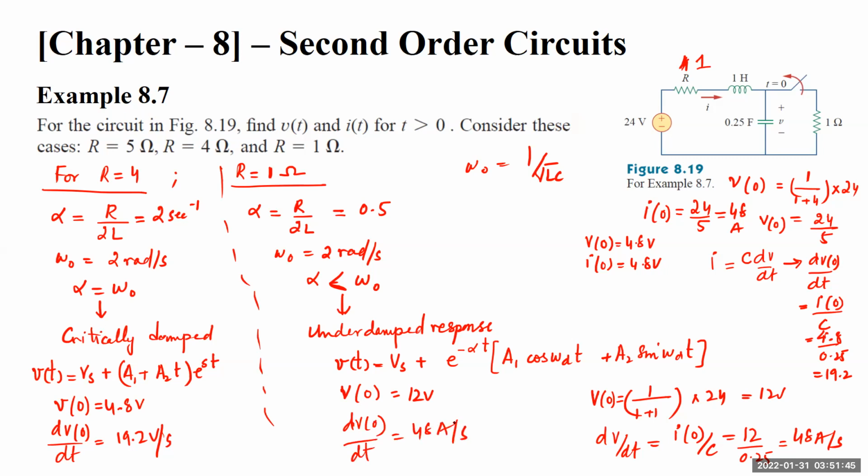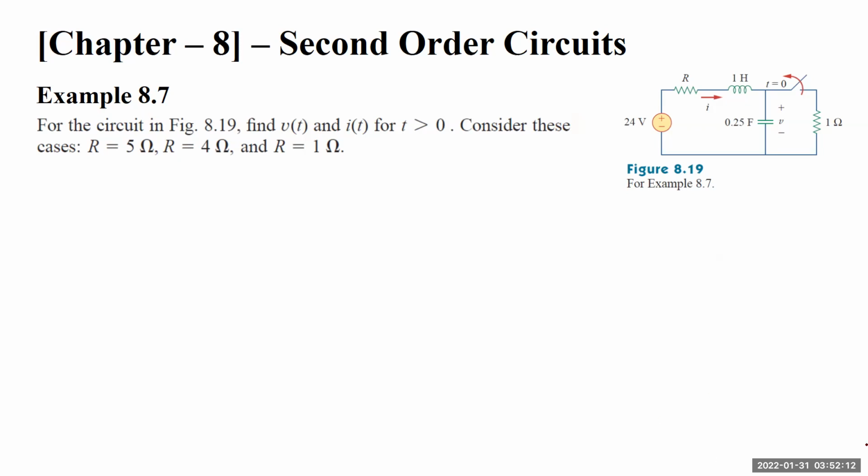So remember that if we change the resistance of a series RLC circuit, the transient response of the circuit changes. There is no effect on the steady state response. The steady state response for all these cases remains the same.